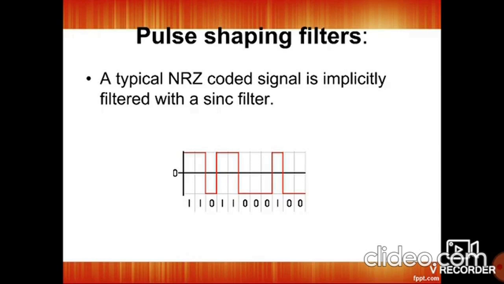Here we have the data 11011 0000100, which is represented like this: for 0 it is off, and for 1 it is on, so wherever 1 is there, it is represented as a red line in the positive half, and 0 is represented as off.